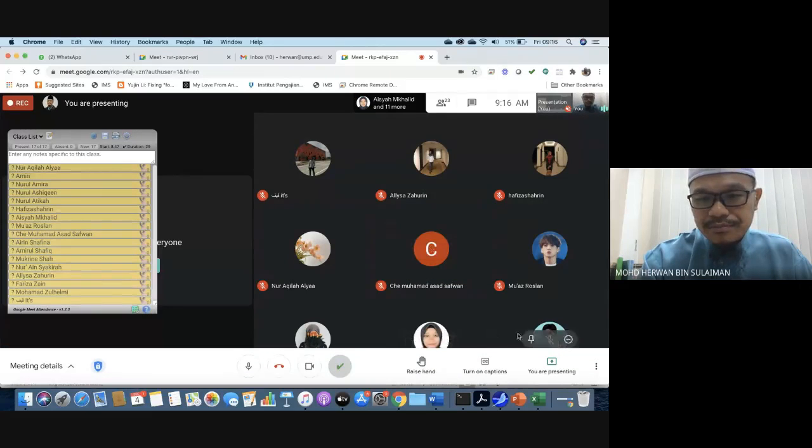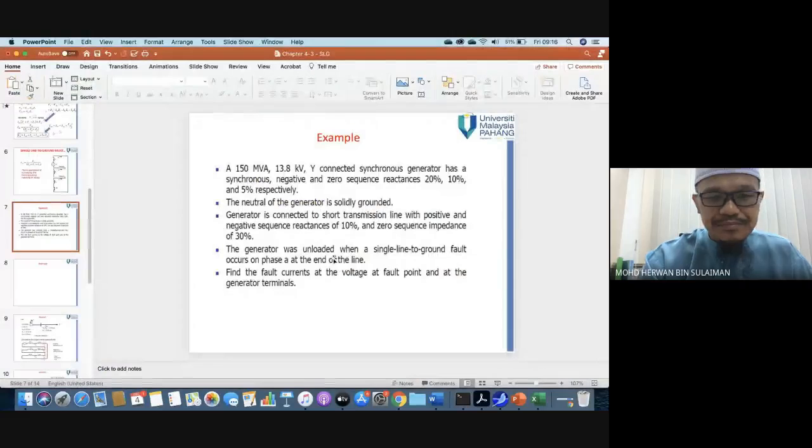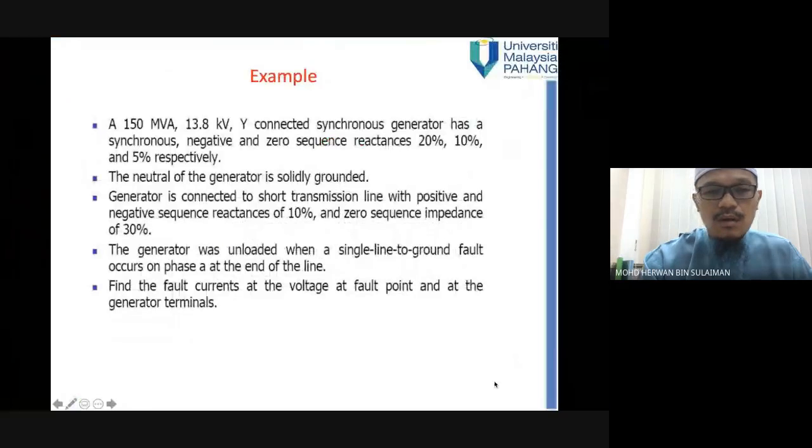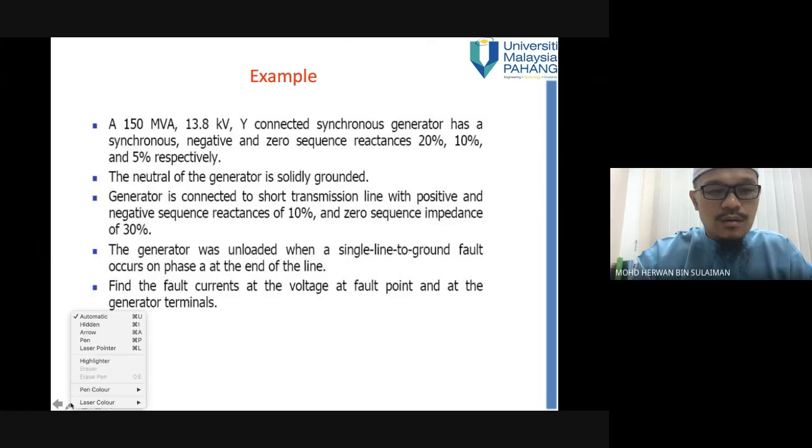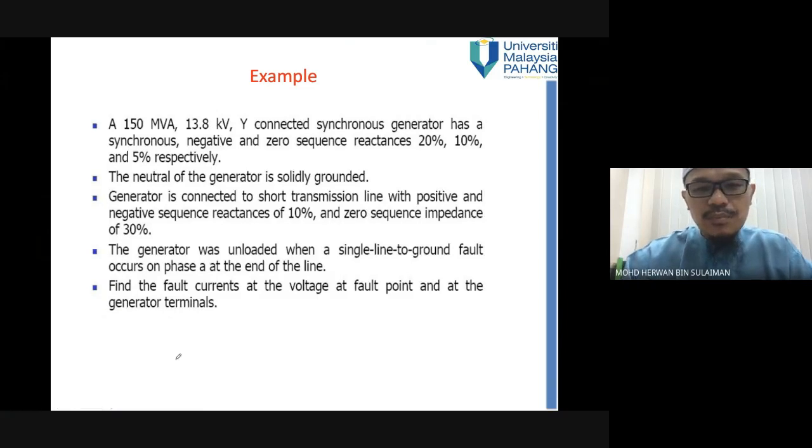So we look at the example. A 150 MVA, 13.8 kV Y connected synchronous generator has a synchronous reactance of 20%, with negative and zero sequence reactances of 10% and 5% respectively.